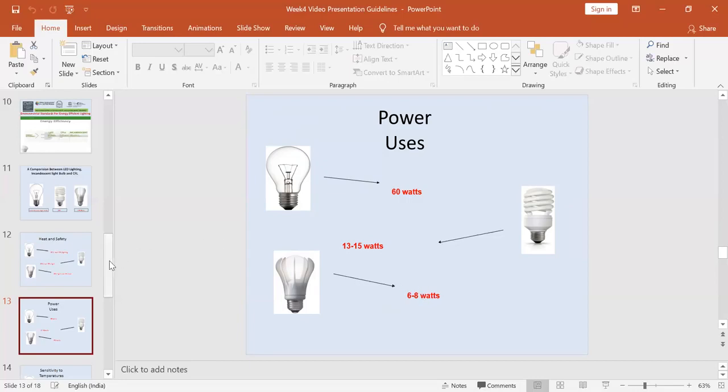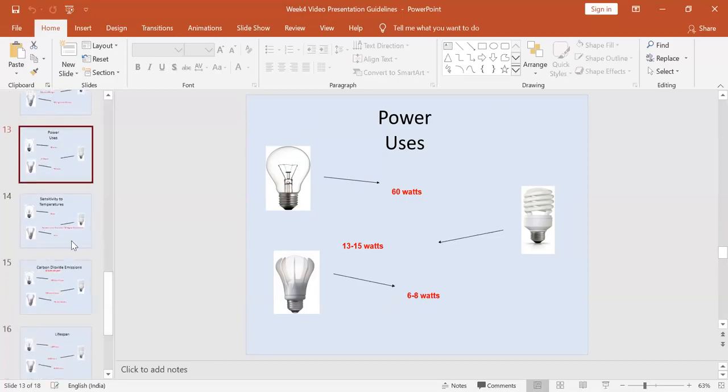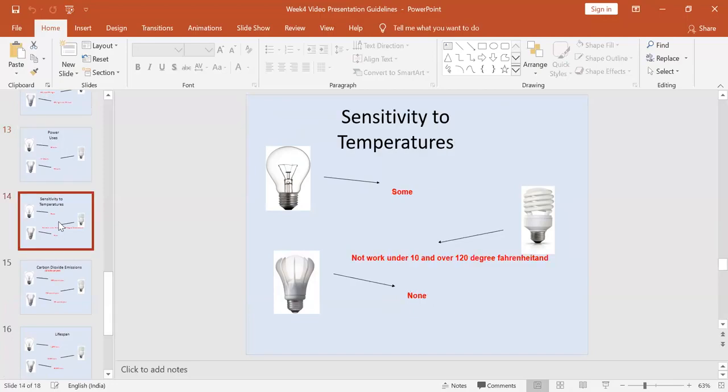Next, sensitivity to temperatures: CFL is somewhat sensitive and does not work under 10 and over 120 degrees Fahrenheit, while LED has none and can operate at any temperature.